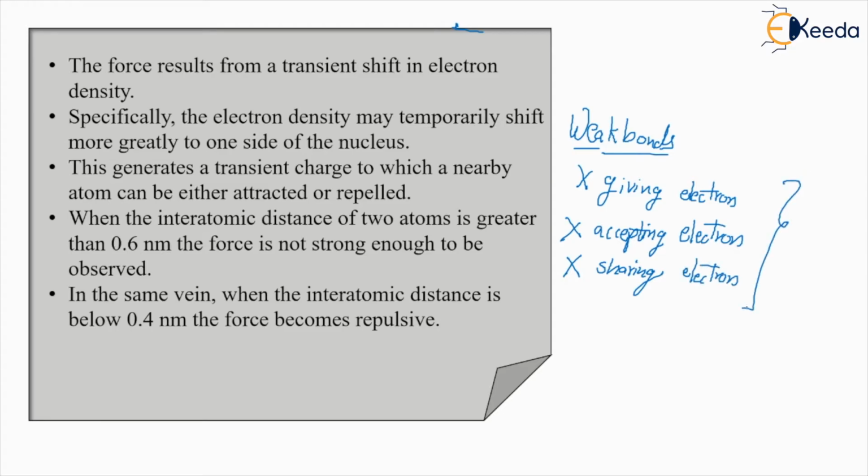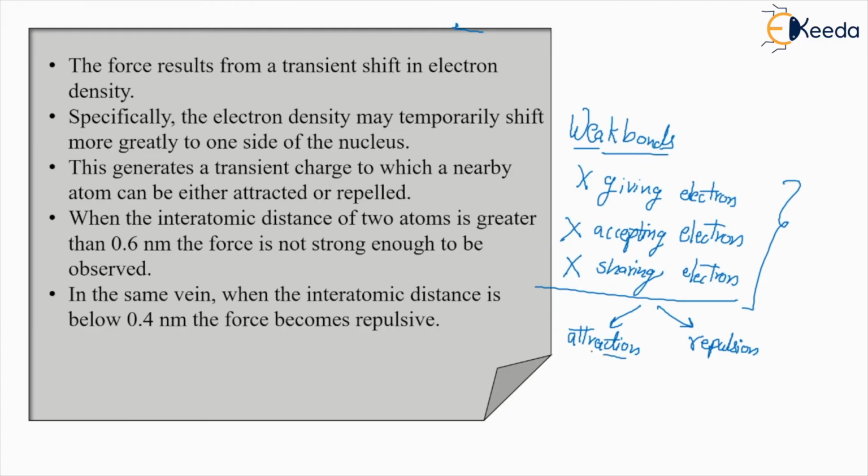None of these are there. Then what is exactly there? There is just two things. Some kind of attraction or some kind of repulsion. Just two things, attraction or repulsion.